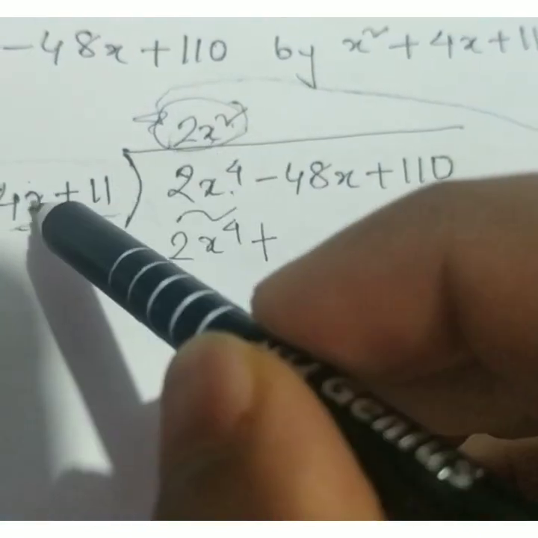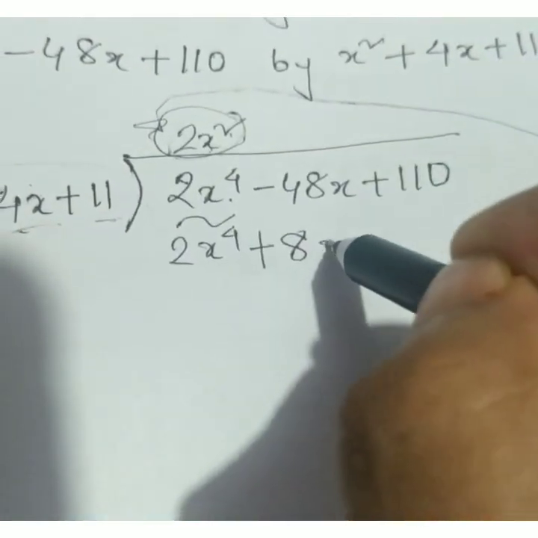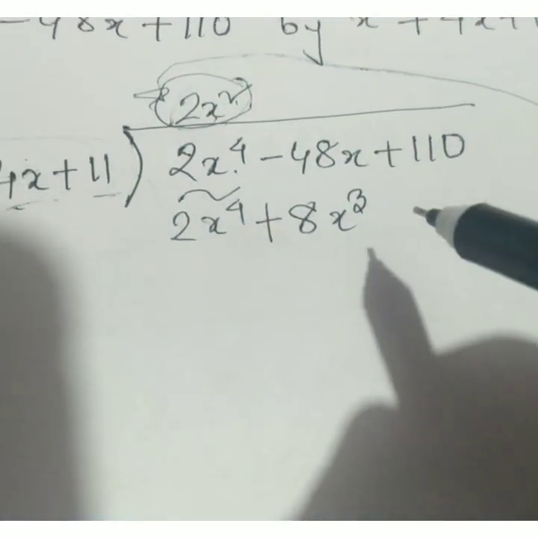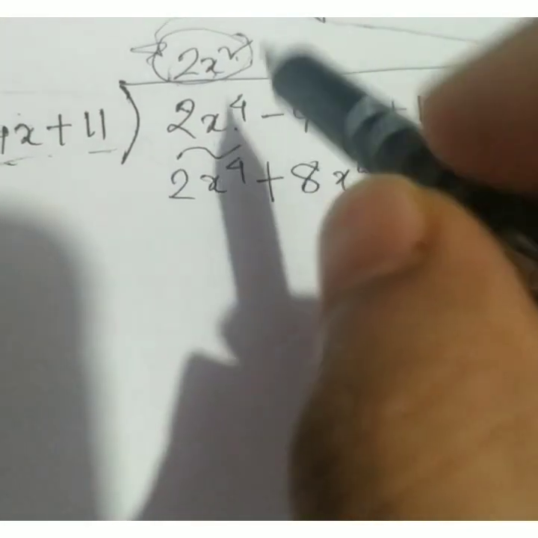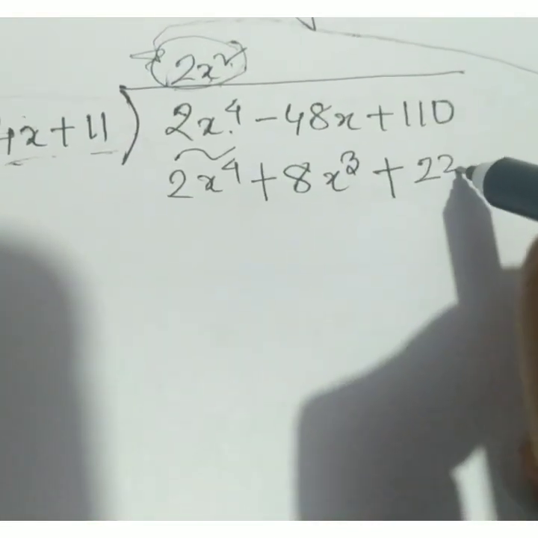Then 2 into 4 is 8x³, plus 2x² into 11 is what? 22x².